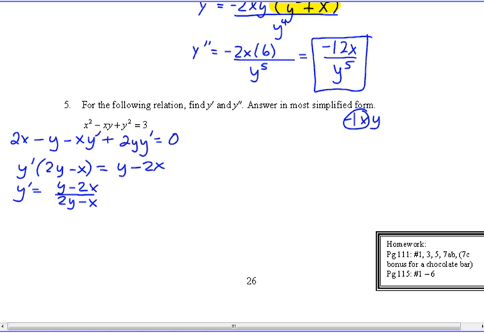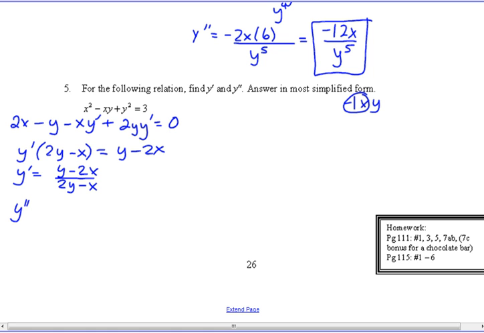Okay. All right, second derivative. Guess what we're using again? Quotient. Okay, derivative of the top is awesome. Derivative of y? Y prime. This is going to be so ugly. Minus derivative of 2x. 2.